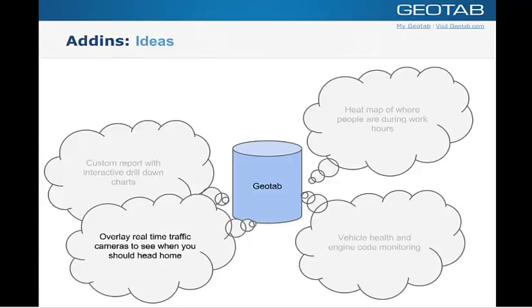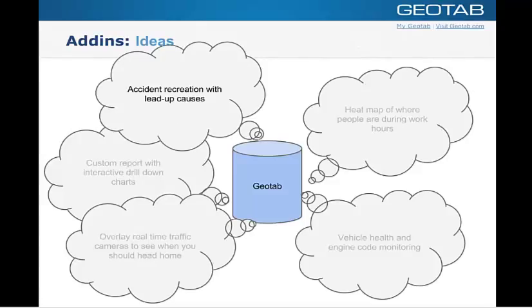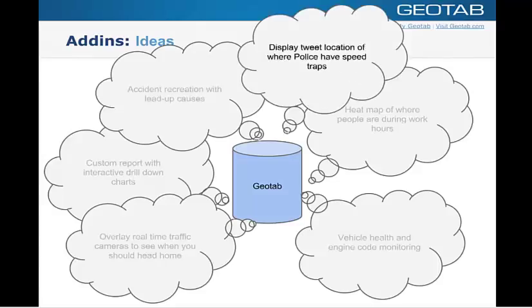You could overlay real-time traffic cameras to see when you should head home. You could recreate accidents with lead-up causes and see what happened a couple weeks ago that led to a crash. Or you could display tweets of where police have set up their speed traps. It's really up to you, and it's a blank canvas. A lot of people have made some really interesting things, and we're excited to see where this goes.